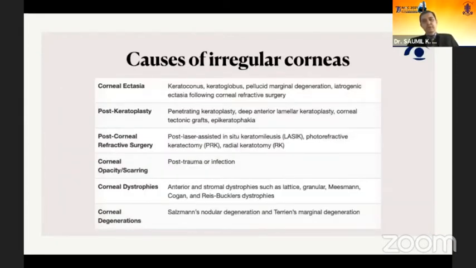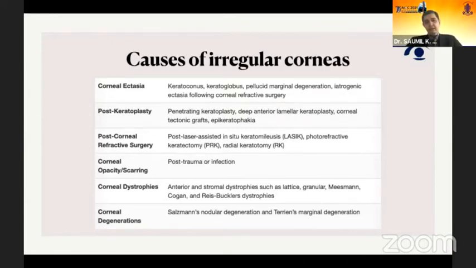What are the causes of irregular corneas? Broadly, it can be described as corneal ectasias like keratoconus, keratoglobus, PMD, etc. Or post-keratoplasty, whether it be PKP or DALK, or post-corneal refractive surgery, especially in RK patients, we see quite a few cases of corneal irregularity, less so in LASIK and PRK.